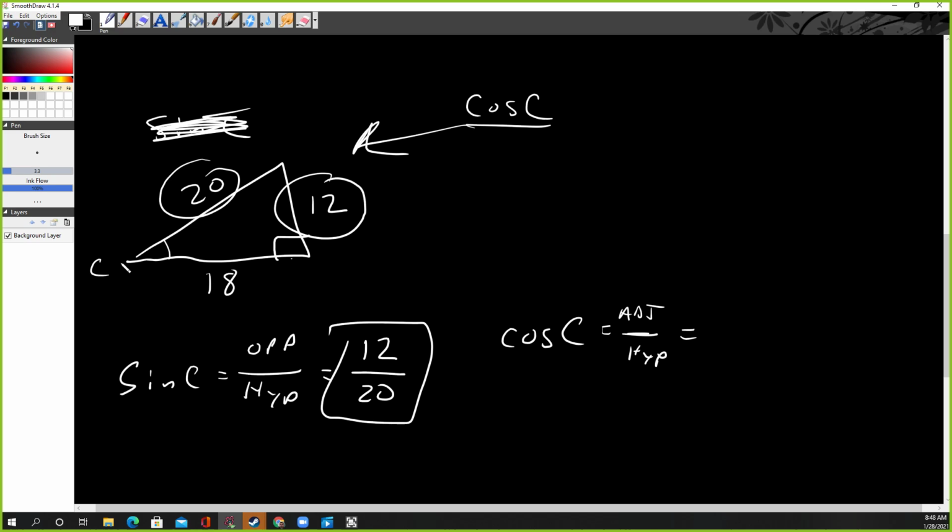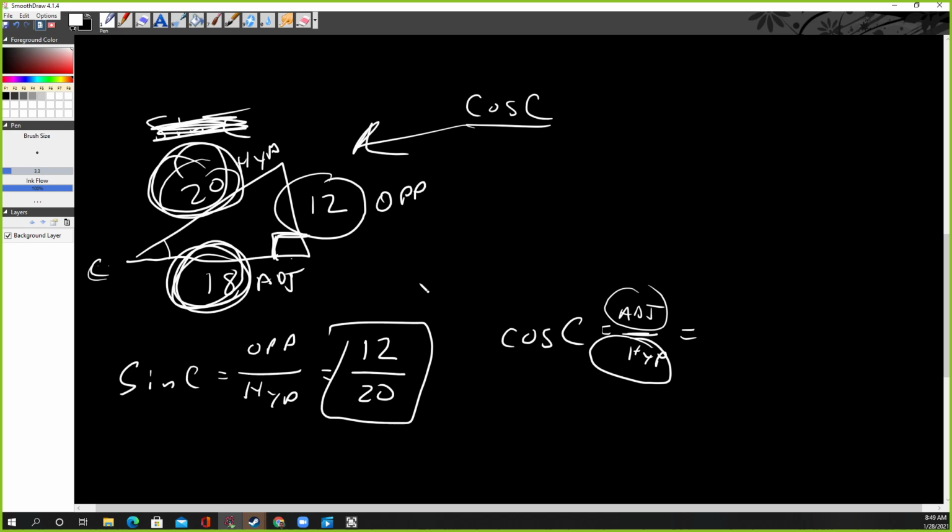So here's C, and this is the opposite of C, and this is the 90-degree angle, so this is the hypotenuse, which means this side has to be the adjacent. So I need adjacent divided by hypotenuse, so it's 18 divided by 20, and there's your answer. Now notice I don't have to type in the cosine or nothing. They don't want it. They're just saying, what is the cosine of C? And you're saying it equals this.